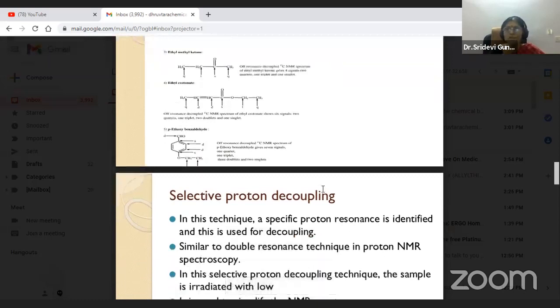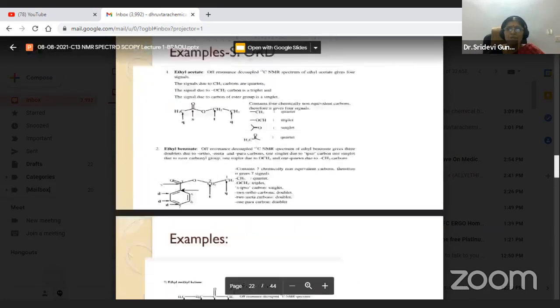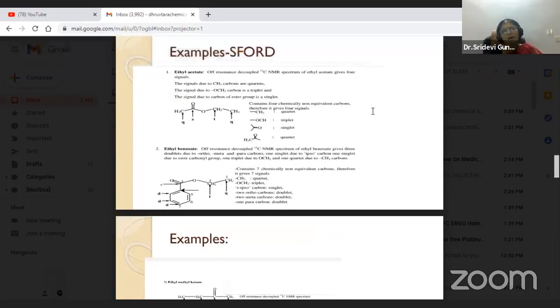So that is about off resonance decoupled spectra. Let us revise. What is being done in off resonance decoupling? All long range couplings are removed, and only the coupling due to attached hydrogens is retained.